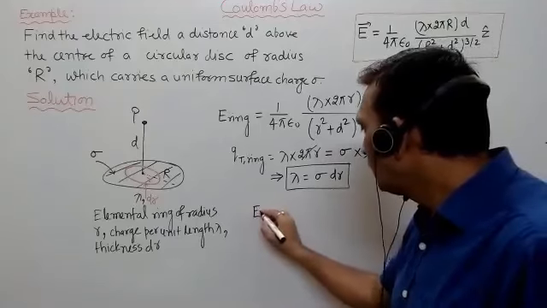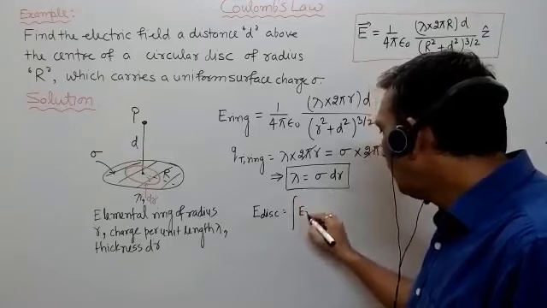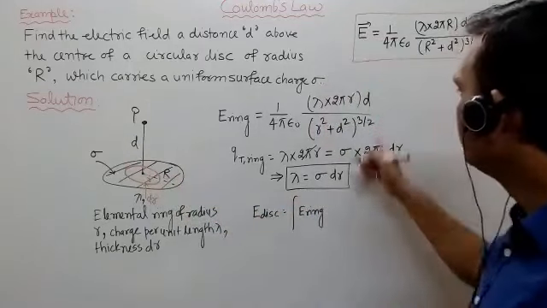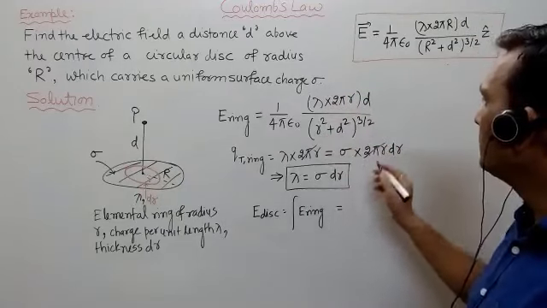So what will be the electric field due to the disk? Integrate all the rings from 0 to capital R. This 2 pi will cancel out.